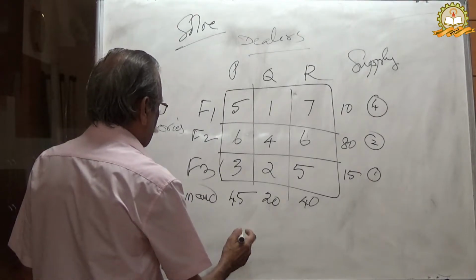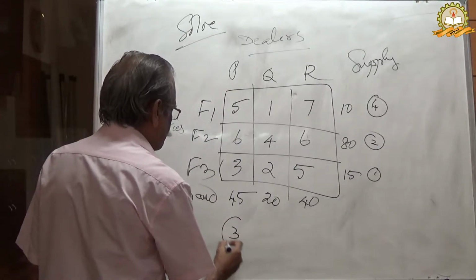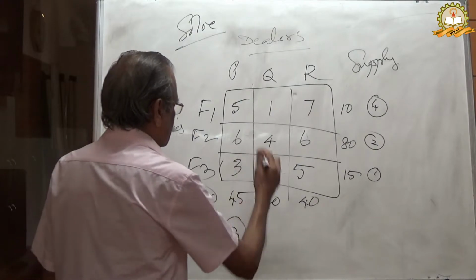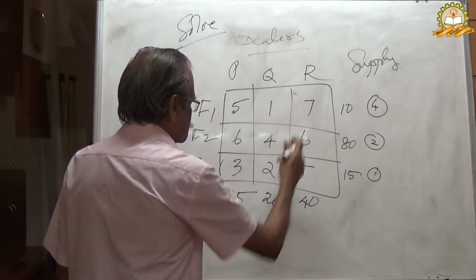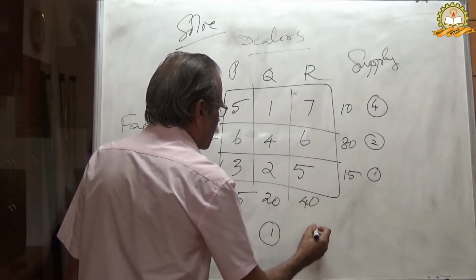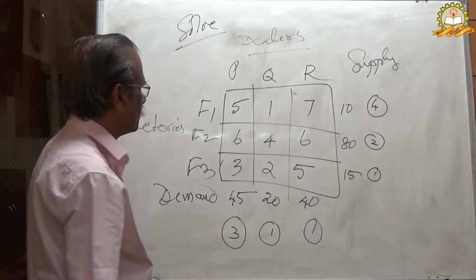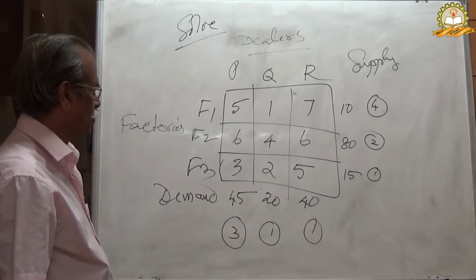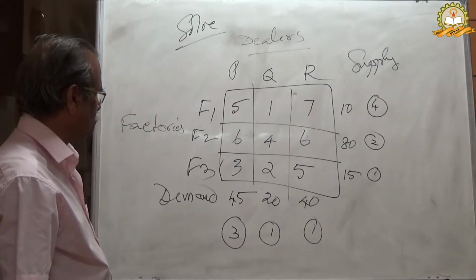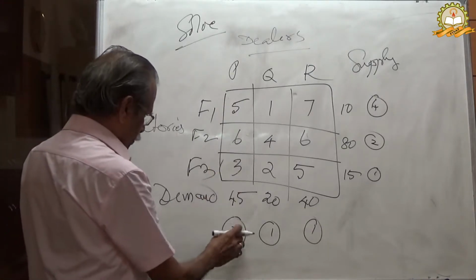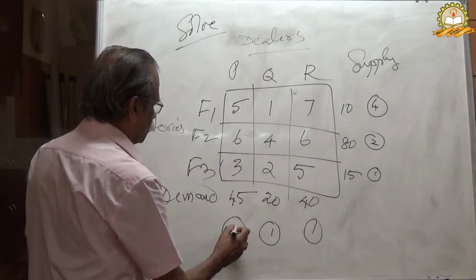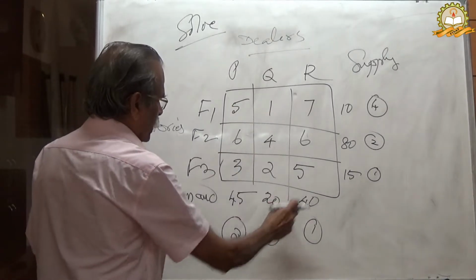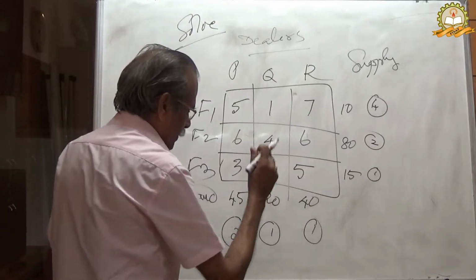In the columns you have 3 as the difference, then 1 as the difference, and again 1 as the difference. Column wise, 3 and 5, 2; 1 and 2, 1; 5 and 6, 1.